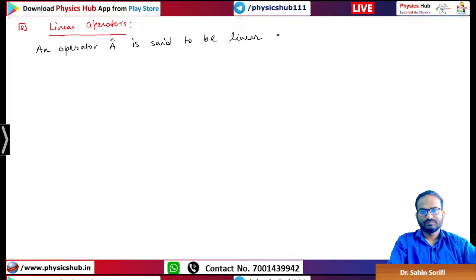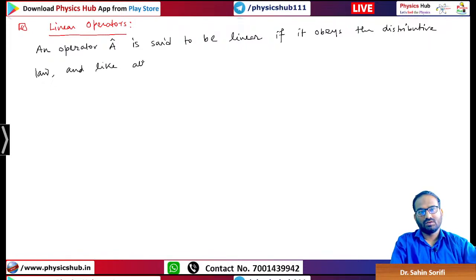So let's go for the definition. If you have an operator, let's say A, it is said to be linear if it obeys the distributive law, and like all operators, it commutes with the constants.